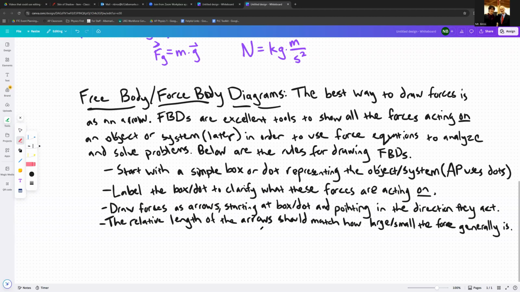Now, this isn't a perfect science. You don't have to get out your ruler and say, well, this force is 7 newtons and this one is 10 newtons, so I better make sure it's exactly 7/10ths of the other length of the arrow. Don't worry about that. But if you have forces that are 7 newtons, 10 newtons, and 14 newtons, the 7 newton force should be drawn with the smallest arrow, then the slightly longer one for the 10 newton, and then the longest arrow for the 14. Just show them in order and generally try to keep it as proportional as you can, but don't worry too much about that. All right, last one.